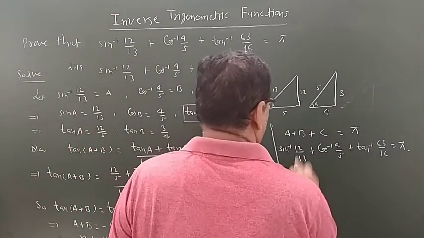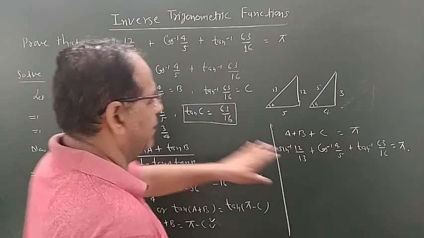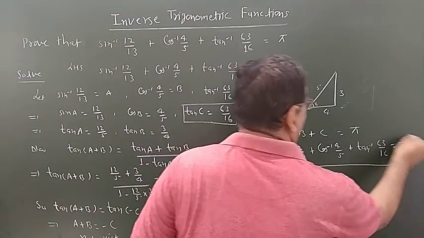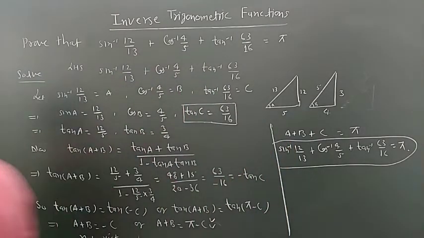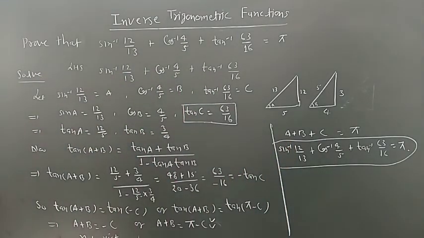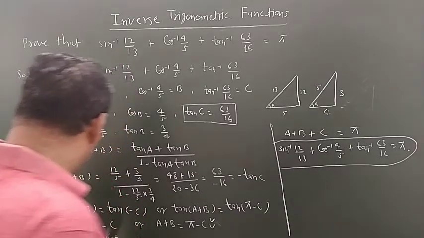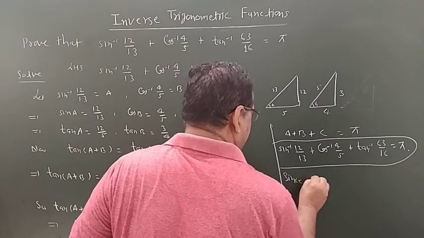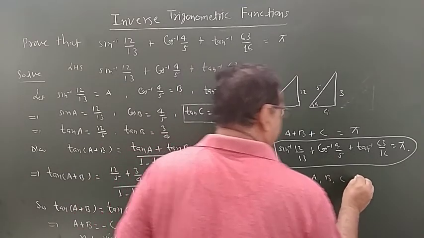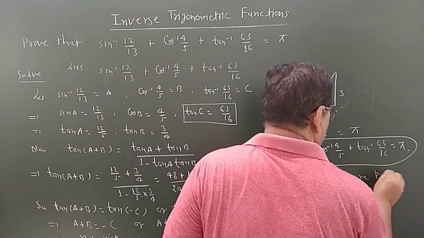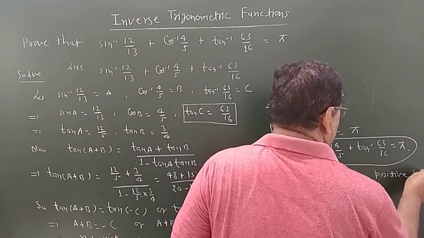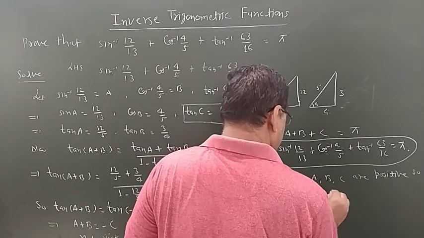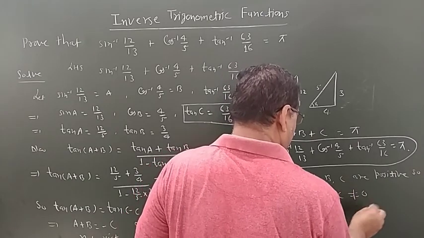So put the value of A, B and C from there. Again, A plus B equals minus C. Since A, B, C are positive, A plus B plus C can never equal 0.